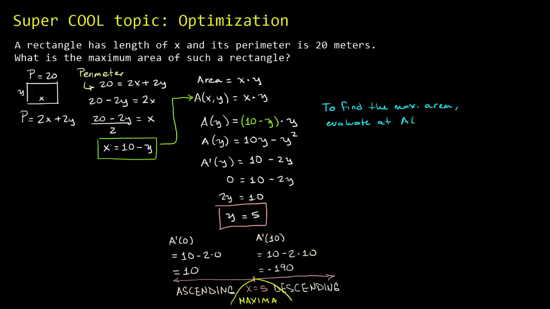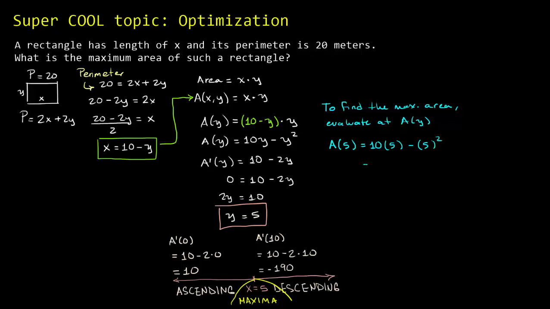It's pretty much just substituting. So it will be A of 5, and this will be equal to, I'm going to pick this expression to evaluate, 10 times 5 minus 5 squared.